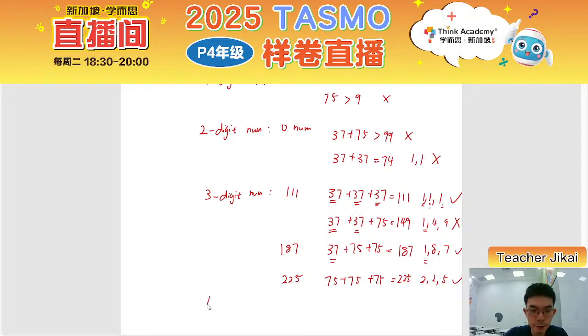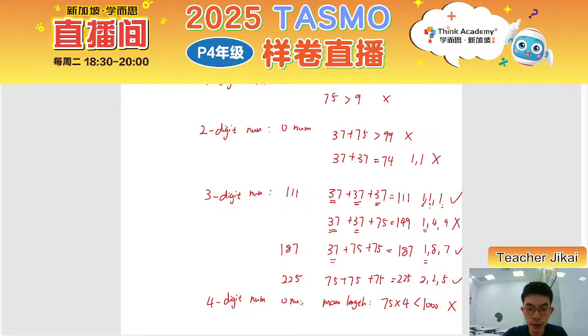So how about the 4-digit number? So the maximum in length is 75 times 4, right? But it's also smaller than the smallest 4-digit number, 1000. So of course, no. 5-digit, of course not. 6-digit, of course not. Right? The length will always be smaller than it.